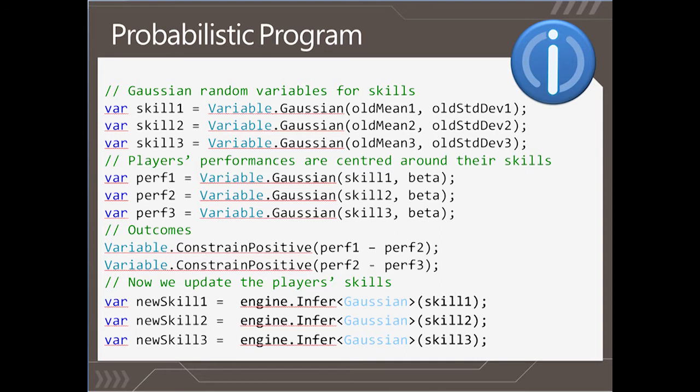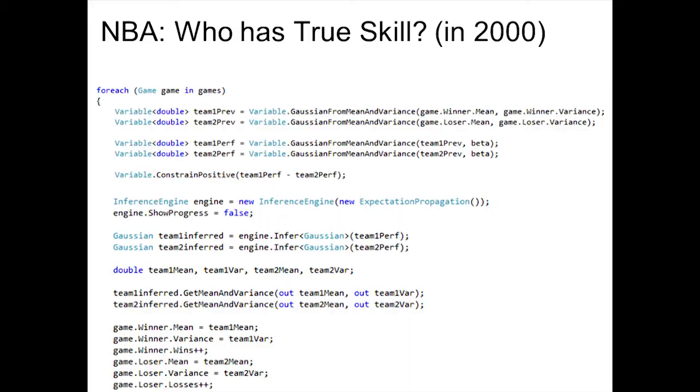And so once you've observed those outcomes, you can tell the inference engine to go back and say, okay, now that I know that player 1's skill is actually better than player 2's, what do you think player 1's real skill is now, given all that data that you have? So does that kind of make sense where they're pulling that? Okay, but it's literally all black magic, and this is pretty much all that you have to do, and you'll get it going.